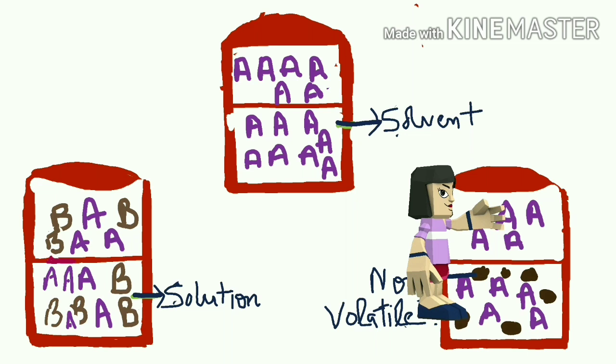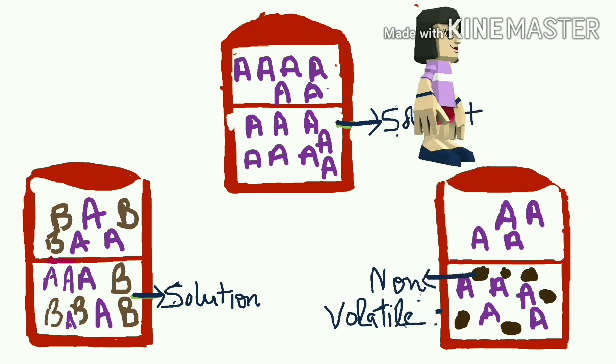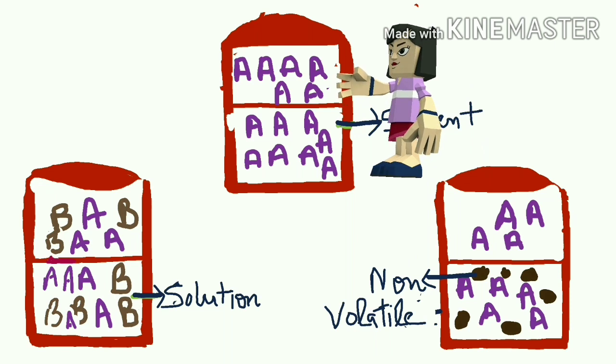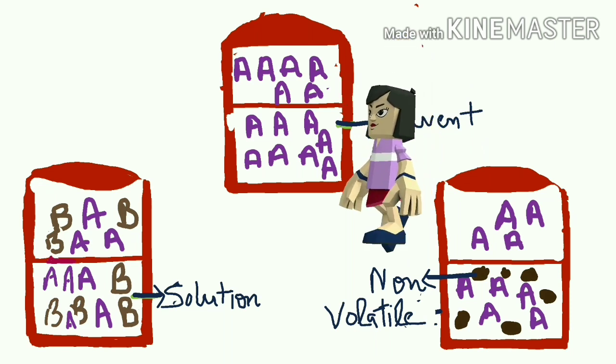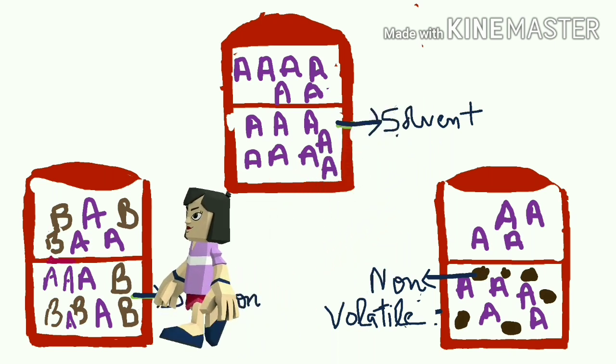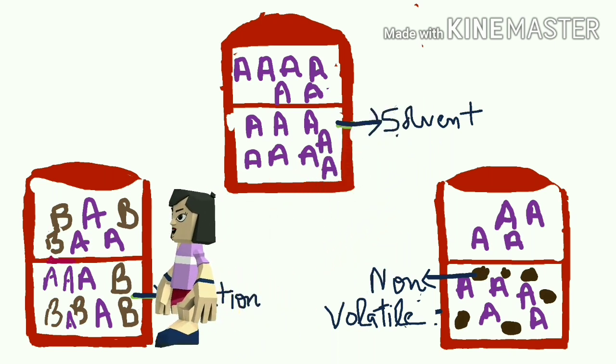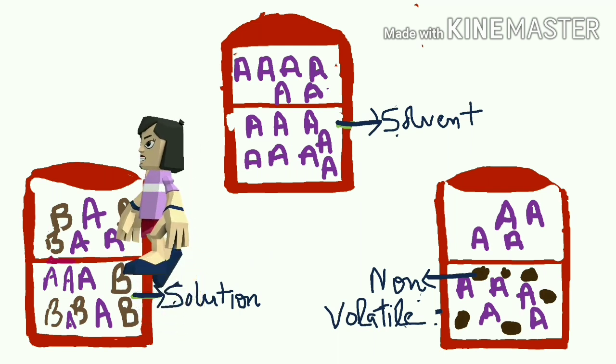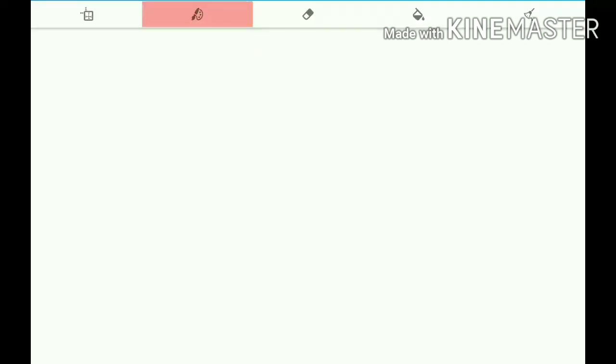In this case we have only 4 vapors of A, but when it was only solvent we can see we have 1 2 3 4 5 6 vapors of A. And when both components were volatile, in that case also we have more A and B particles going into the vapor.